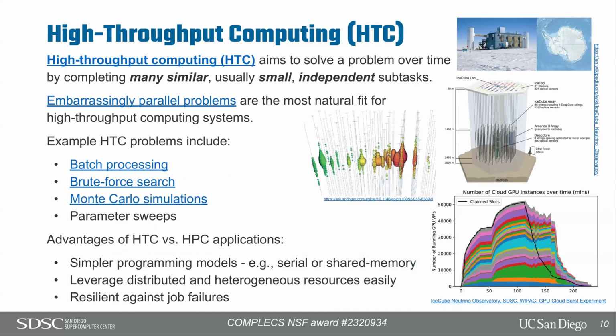Whereas high throughput computing is the most extreme case opposite of traditional high performance computing, like problems such as weather simulation.